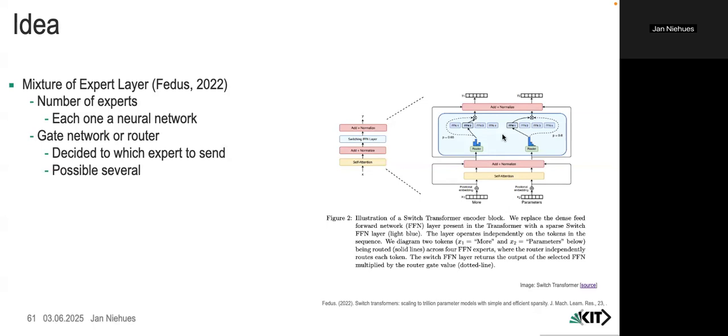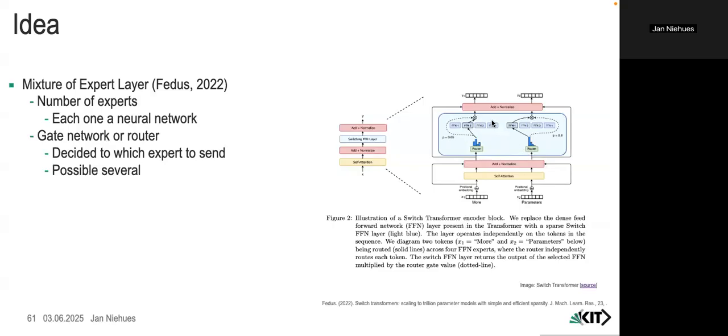And now the idea is, instead of having the one feed-forward layer here, we have different feed-forward layers. Here you see 1, 2, 3, and 4. So you have 4 different feed-forward layers. And now, depending on the router, which is like a gate that will decide where you should go, if you have a sequence, in the first step of the sequence you go to network 2, and in the second one you go to network 1.